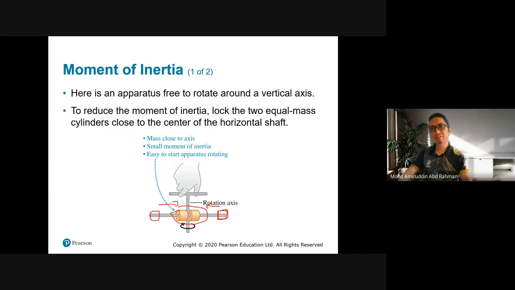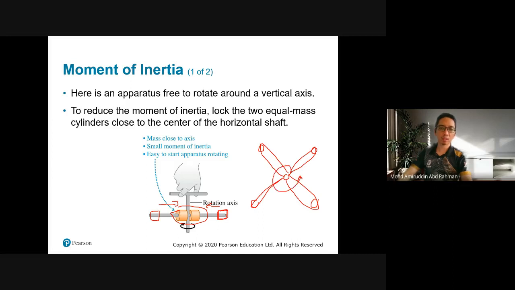It is like if you have a fan, and let's say you put some object on the shaft of that fan. Of course you feel it heavy to rotate that.